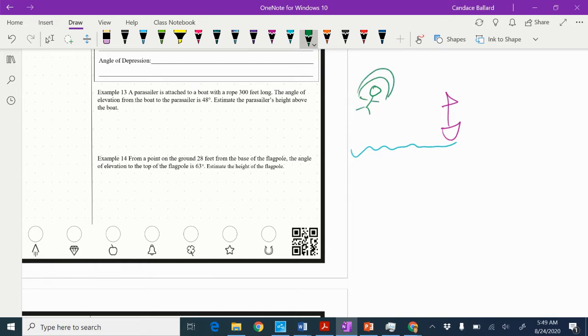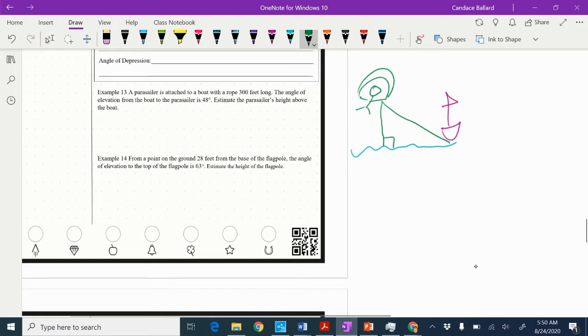He's attached to a boat. I'm going to make him attached to the boat near the water so we get a decent triangle. And then you'll notice that we get this height in there, and hopefully you're seeing the right triangle there. That's the goal of the word problems, is you've got to find the right triangle.